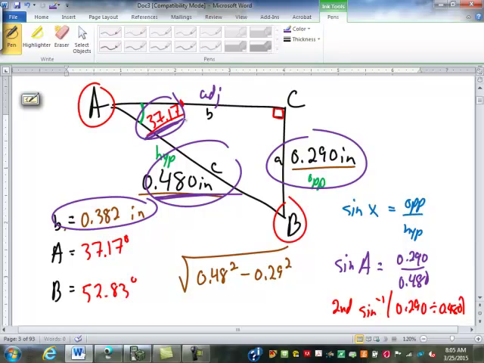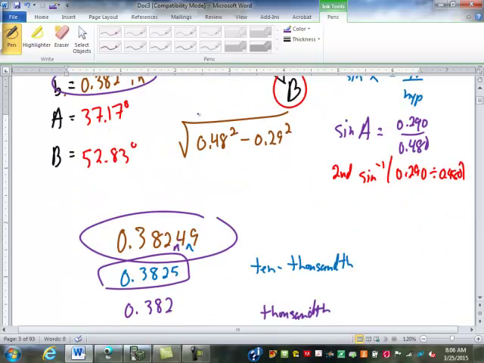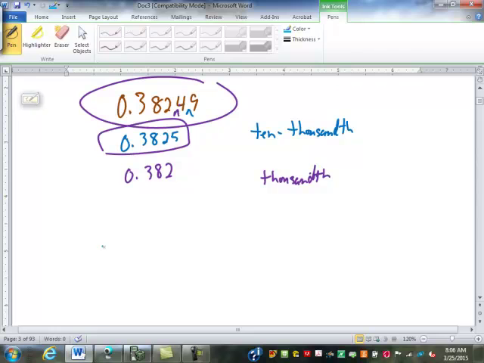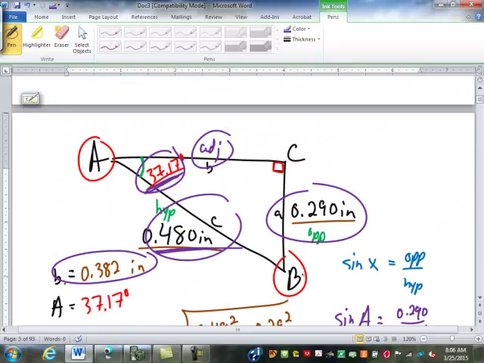If we did everything correctly, we should have been able to use a trig function and it should have come out fine. So let's say we did use the cosine there. Cosine of a number is adjacent over hypotenuse. Our angle was 37.17 degrees. We're looking for the adjacent side, which was B there, I believe. Yes.